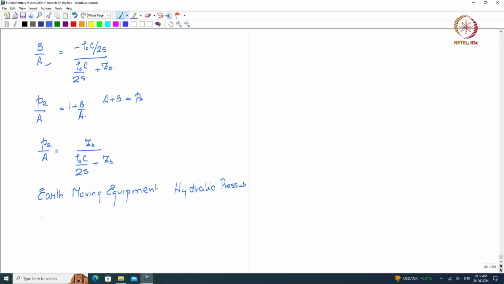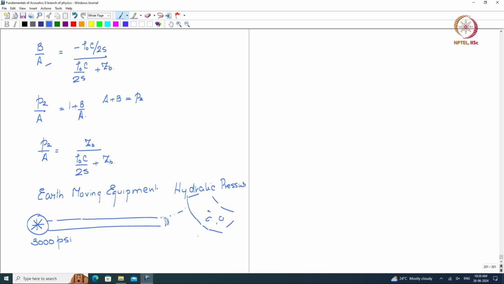There is a pump, gear pump or something. It is connected with a line, a high pressurized line. You can have pressures as high as 3000 psi, and then there are some valves over here, metering valves, and then pipes go and they are connected to a hydraulic bucket for earth moving.